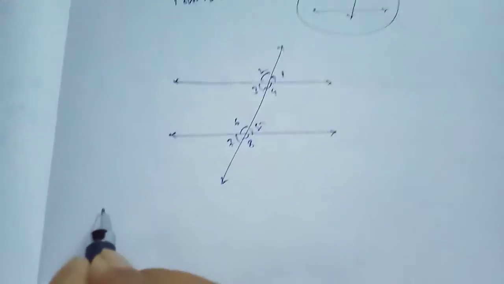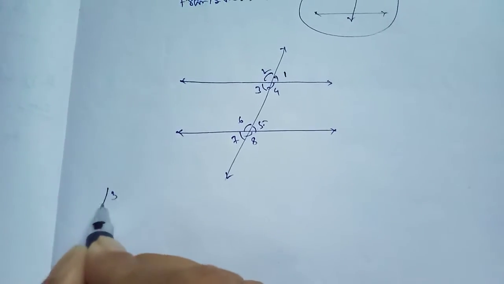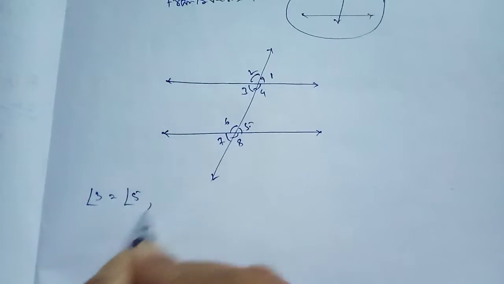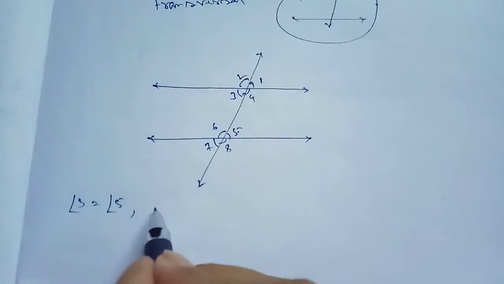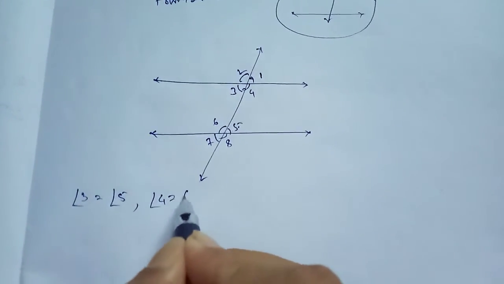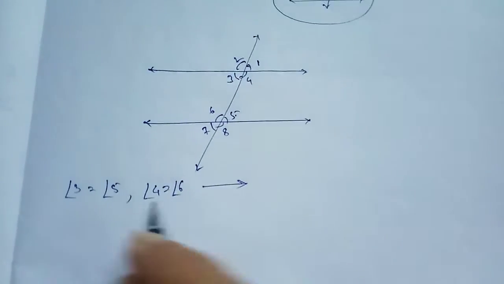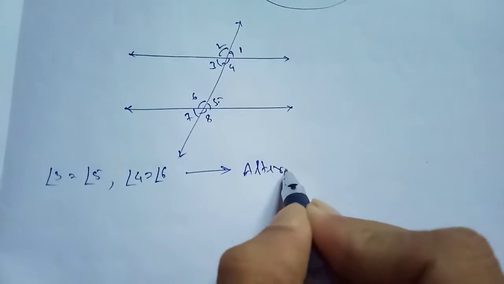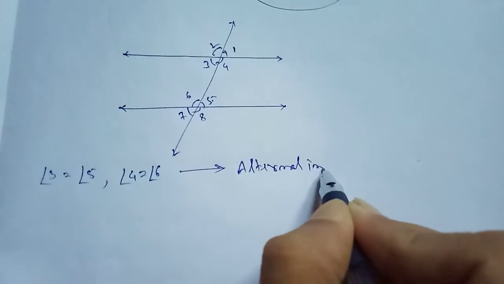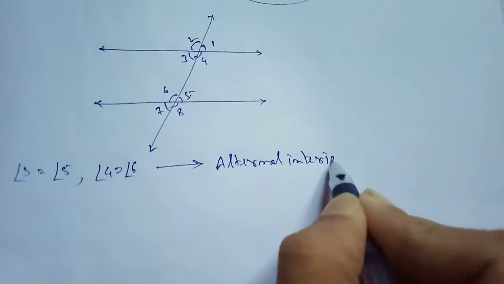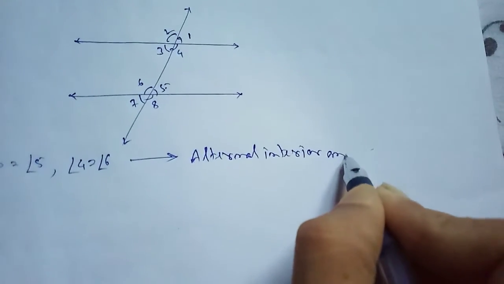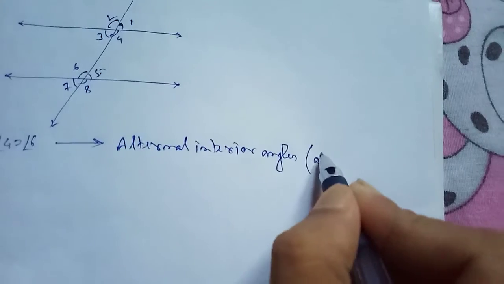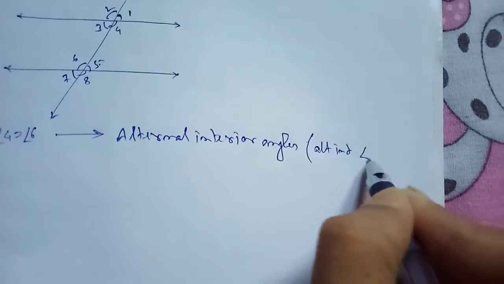So you can write angle 3 is equal to angle 5, angle 4 is equal to angle 6. This type of relation is called alternate interior angles. You must remember, shortly we say ALT INT angles.